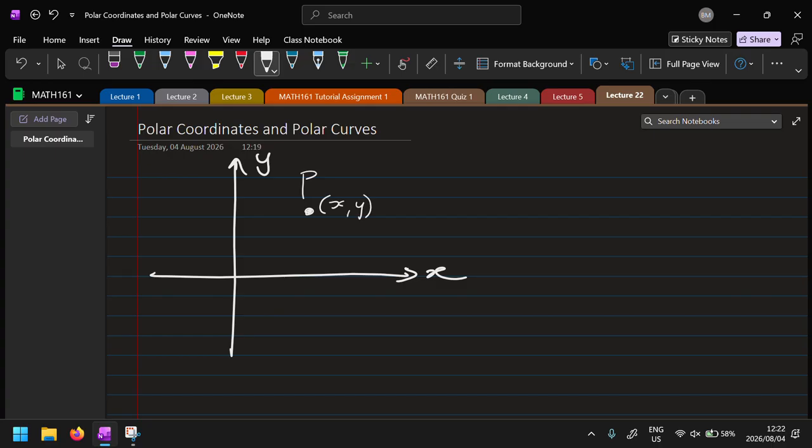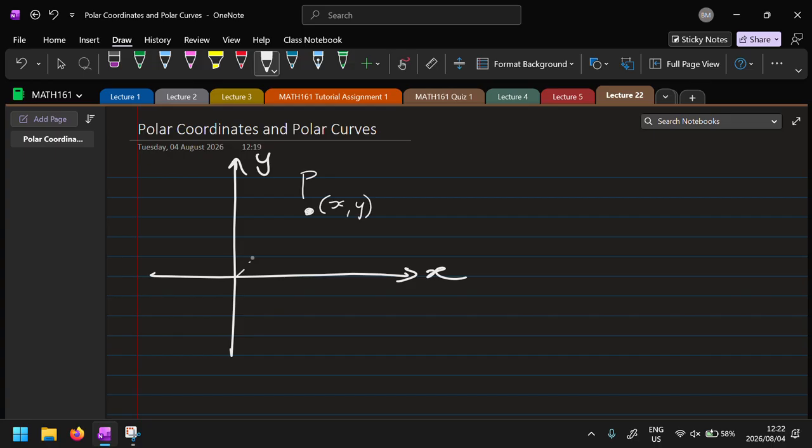The way polar coordinates work is instead of using the distance x and y to label the point, we use the distance from the origin as one of the labels and the angle with the x-axis as the other part. Okay, so instead of x and y, we use r and theta. So r, that's the distance from the origin to the point, and theta, that's the angle that it makes with the horizontal.